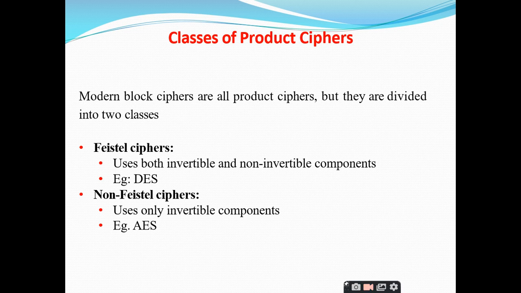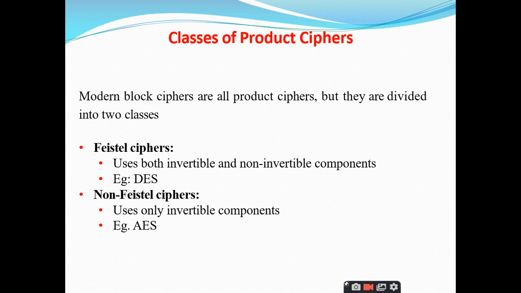So Feistel and non-Feistel are very common techniques that we are going to use in modern block ciphers, and the difference is if you use both invertible and non-invertible components, we call it a Feistel cipher, and if we use only the invertible components, we call it non-Feistel. DES is the example for Feistel and AES is the example for non-Feistel, right?